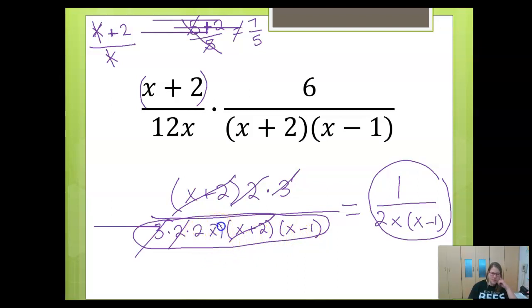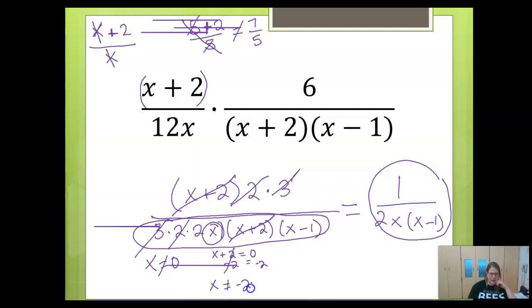So I have an x right here. Now if I plugged in a 0 for that x, that's going to make the whole denominator go to 0, right? Because 0 times anything else, no matter what all this other stuff is, will be 0. So I know x can't be 0 because of that one. For x plus 2, what will make that one equal 0? If I have x plus 2 equals 0, that means that x cannot be negative 2, right?